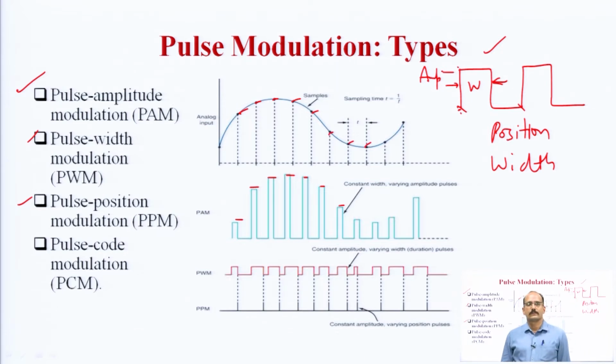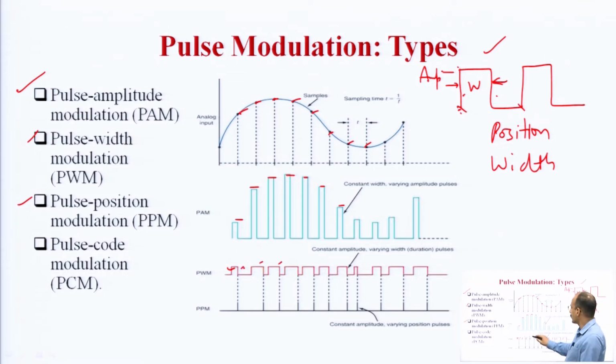Similarly, when we vary the width of the pulse as per the instantaneous value of the message signal, you get the pulse width modulated signal. You can see the difference: the amplitude for all pulses is the same, but the width is varying.